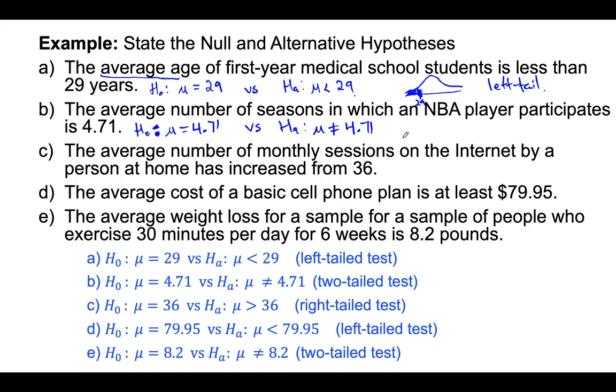Let's say 4.71 is the average. We want to see if it's really not equal, so these parts over here. So this would be a two-tail test.